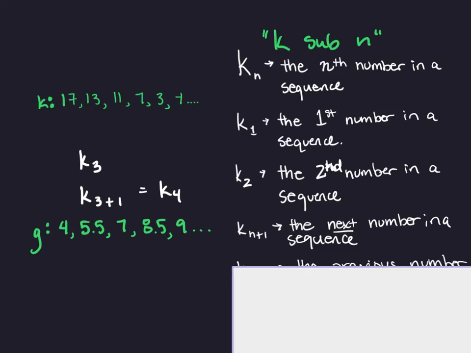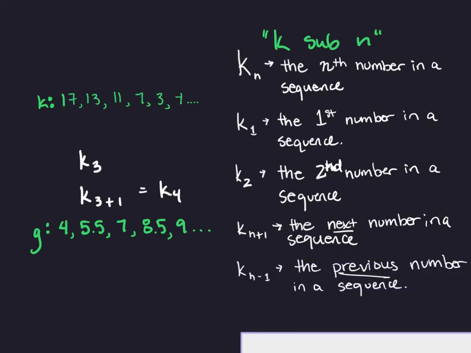By the same idea, if you had k sub n minus 1, that's like, go to the previous one. So k sub n minus 1, so 3 minus 1, that's equal to k sub 2. So that's just saying, oh, go back one. So you were at k sub 3, go back to the previous one. Okay, we're going to need that all in a second.